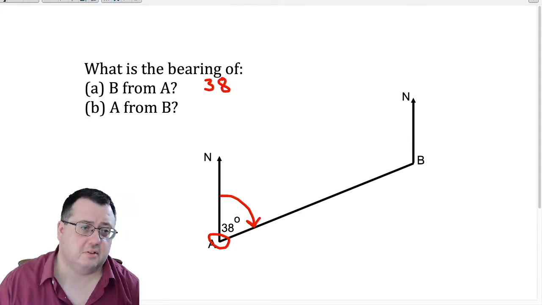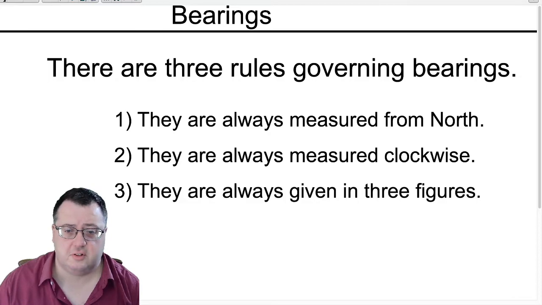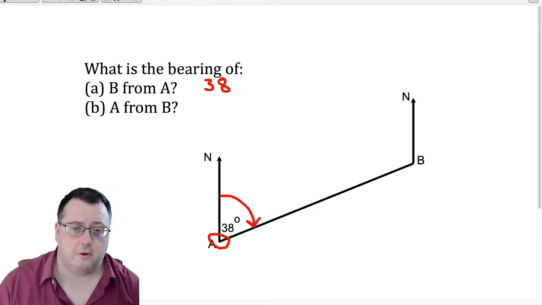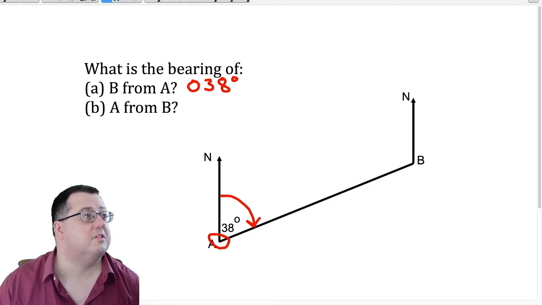Why? Because if we look back at the original question, they're always given in three figures. So it's actually 038 degrees. So if you have single digits or double digits, we fill the rest of the space in with zeros. All right.